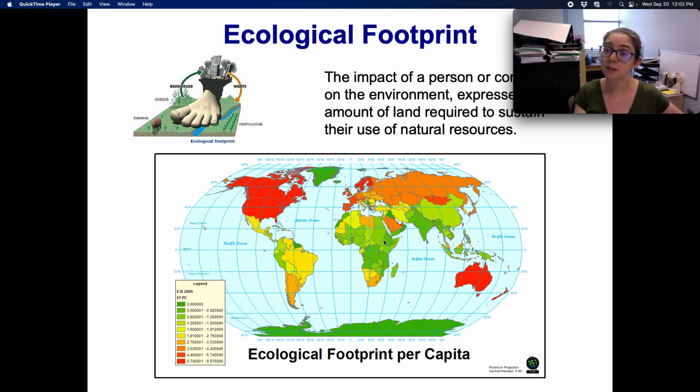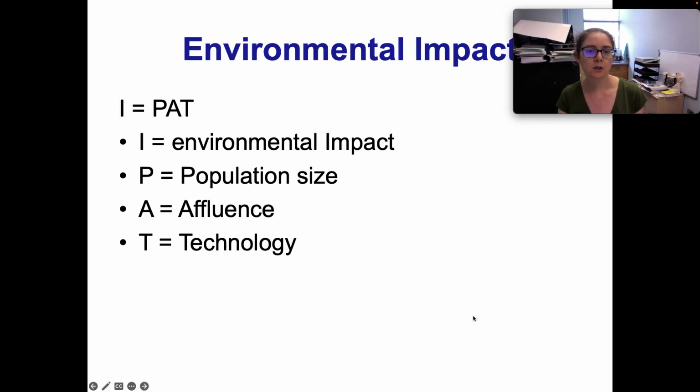So each one of those people actually affects resource use and resource availability of the planet as a whole very, very little. But more people in these countries in red and orange affect resource availability greatly because they're using so many more resources.